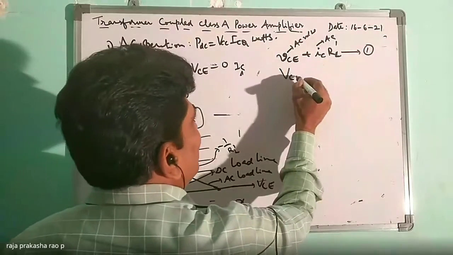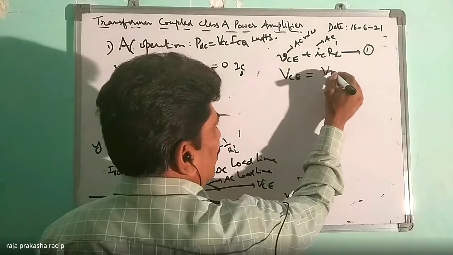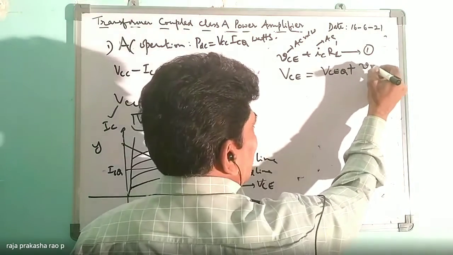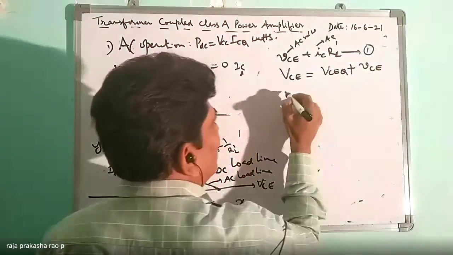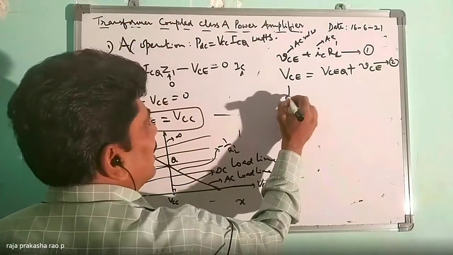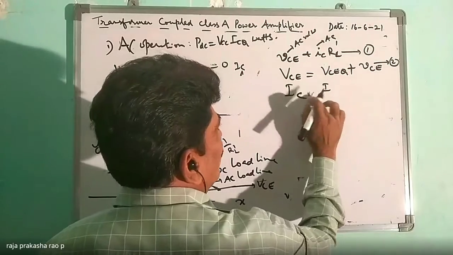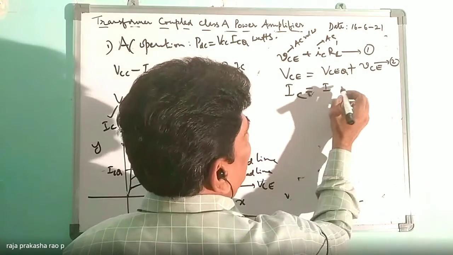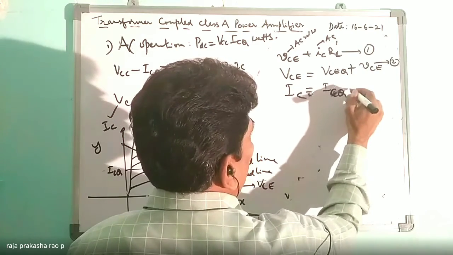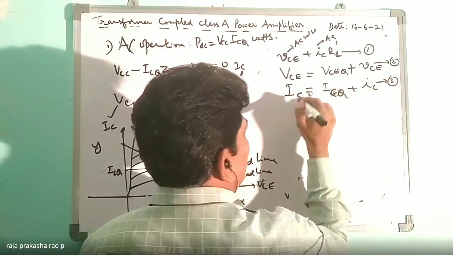So this VCE is equal to the DC value VCEQ plus vce. This is AC. This is equation number 2. Equation number 3: IC is equal to ICQ plus ic. This is the third equation.